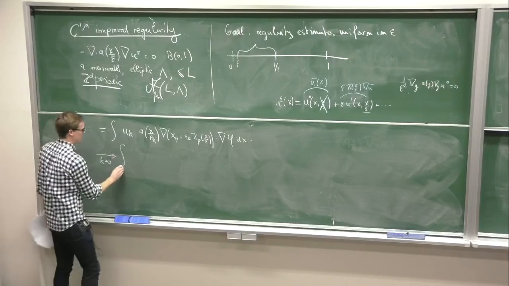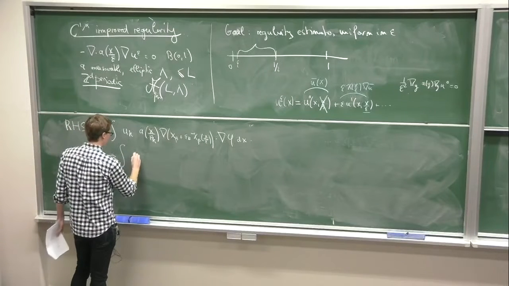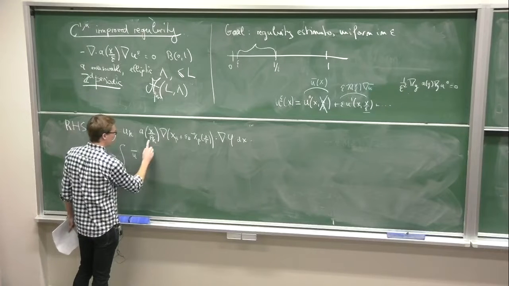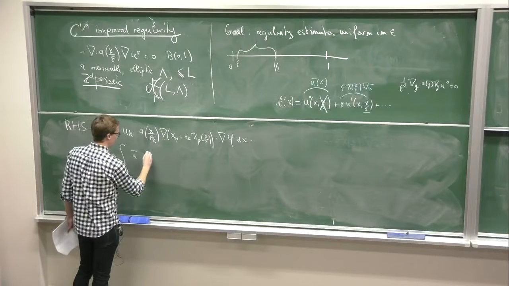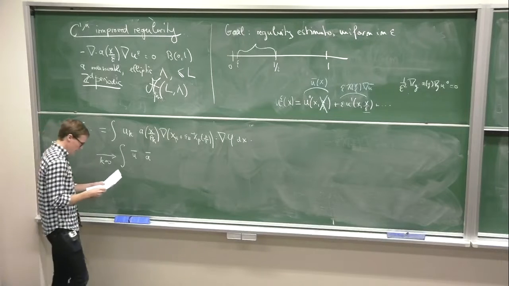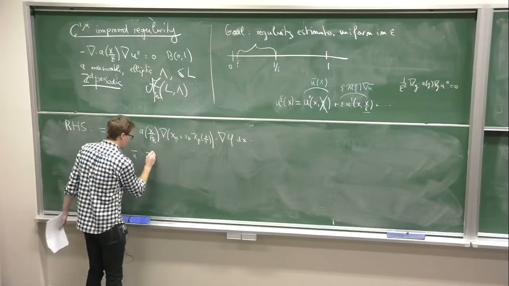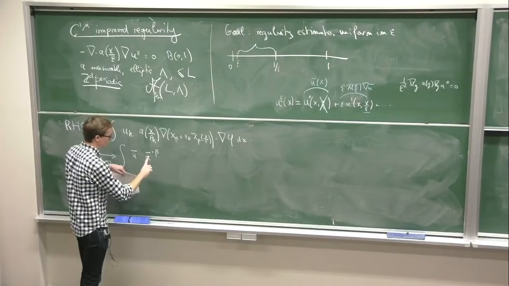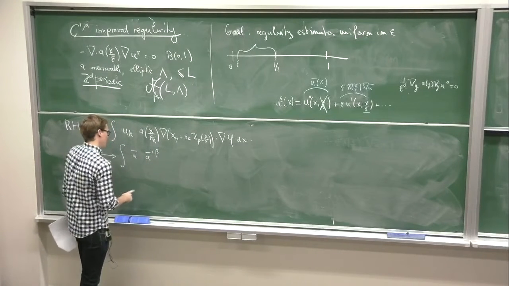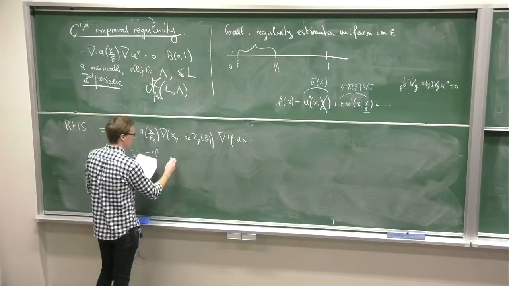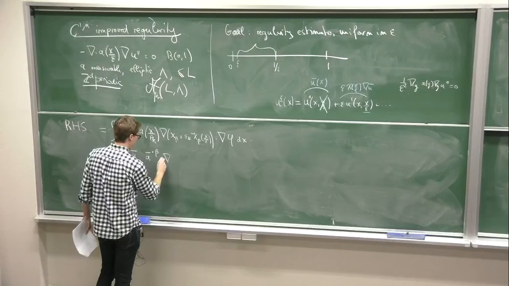So this converges to U bar, and then this will converge to A bar, beta colon of A bar, times gradient phi.